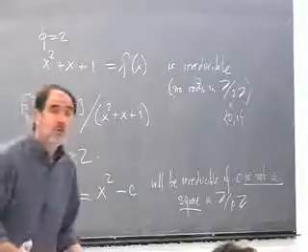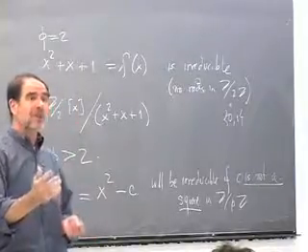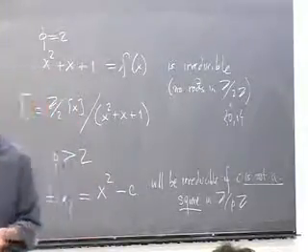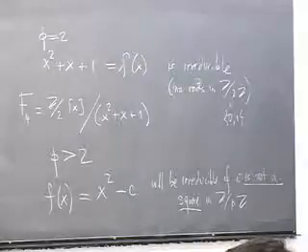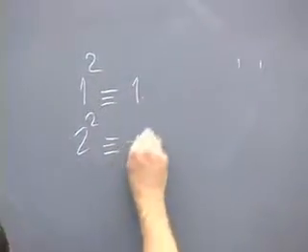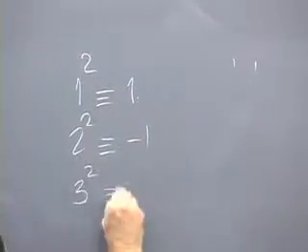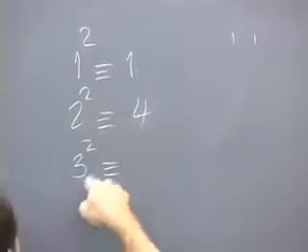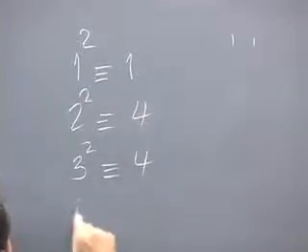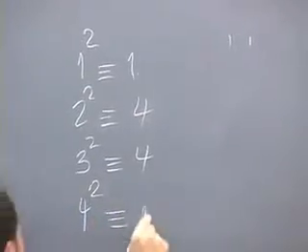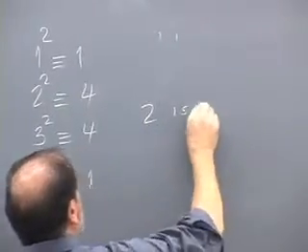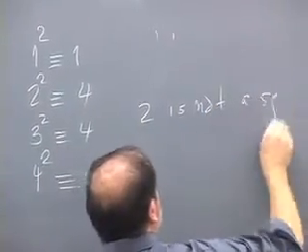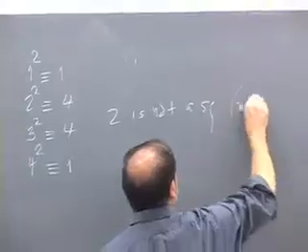So, how do we know that there's some element that's not a square? Well, we could try 2. 2 worked for 3, right? Is 2 a square mod 5? No, it isn't, because mod 5, 1 squared is equal to 1, 2 squared is 4, 3 squared, which is 9, is also 4, and 4 squared is 1. So 2 is not a square mod 5.